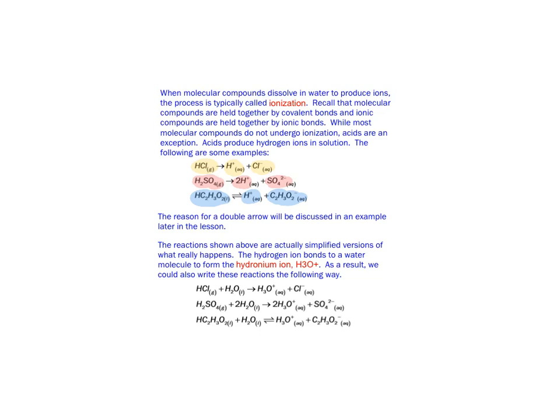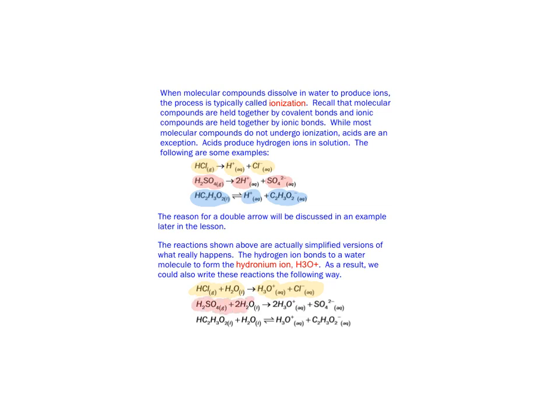The hydrogen ion bonds to a water molecule to form the hydronium ion, H3O+. As a result, we can also write these equations the following way. We could write hydrochloric acid plus water gives us the hydronium ion plus a chloride ion.